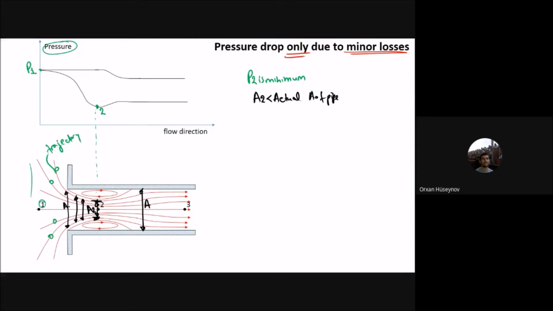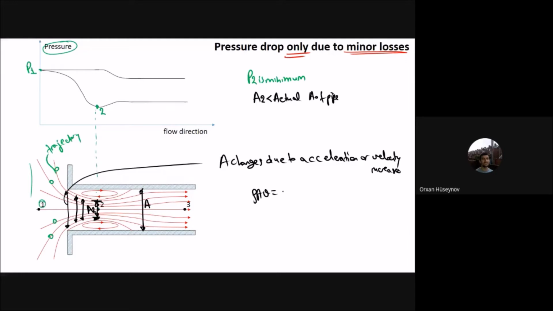So let's say, let's not put the numbers here because it will be more. So that area change is due to acceleration, or velocity increase. You know that for water, rho A V is constant, so A V is constant.